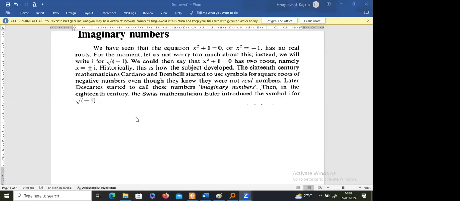Yeah. Semakula, you have muted. Can you open the mic and continue, please? You stopped somewhere. Start from "We could then say that", I think the second or third line.